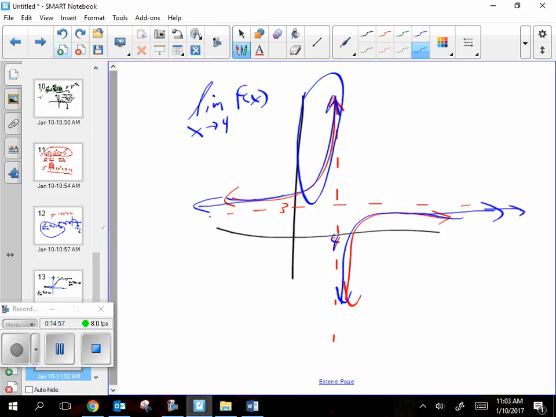So you say the limit of the function as x approaches 4 depends on whether you're coming from x's that are negative, that would be this way. If you're coming from where x's were negative, then it's going to infinity.